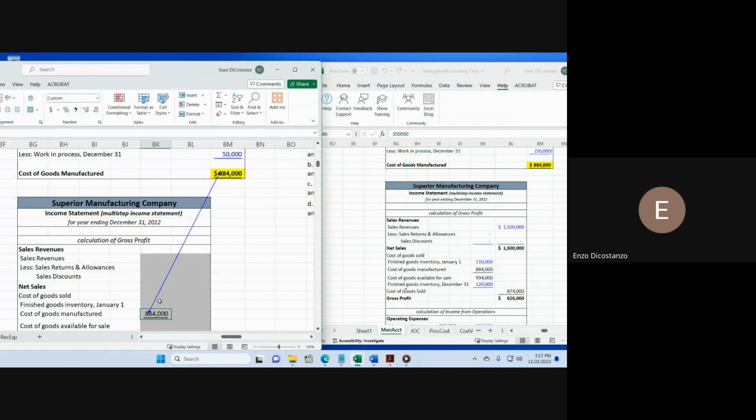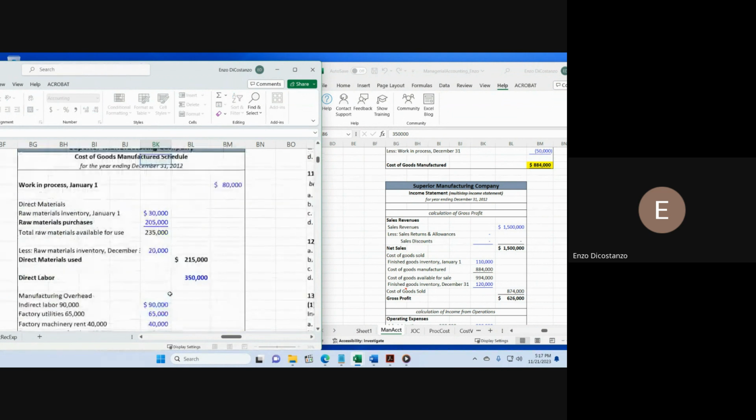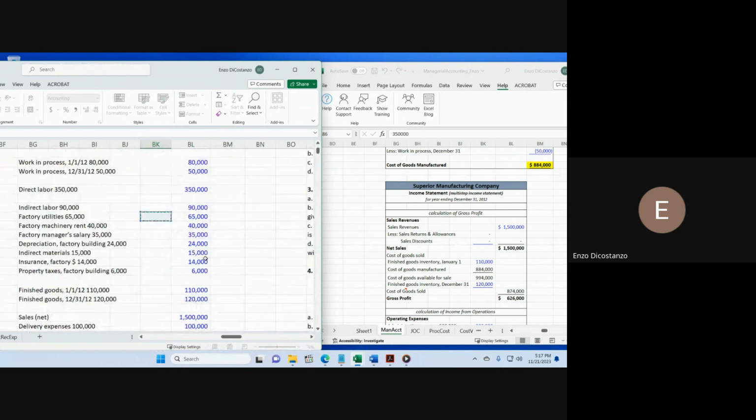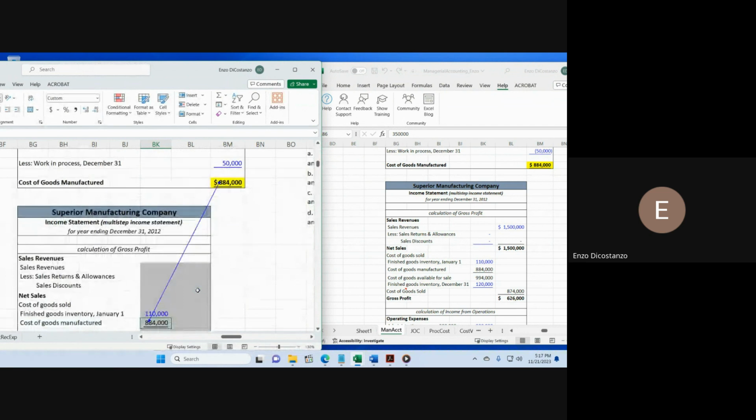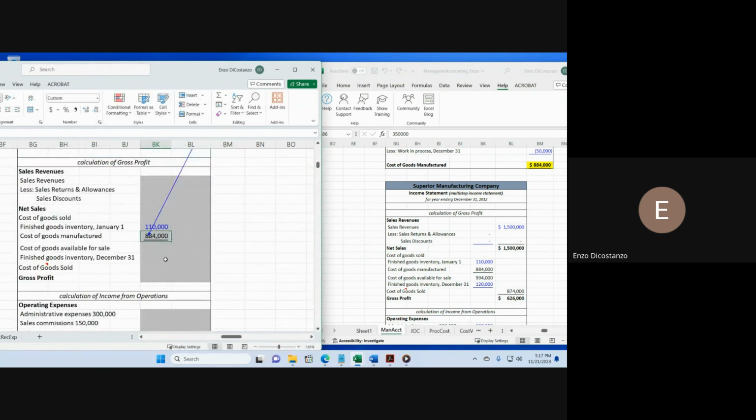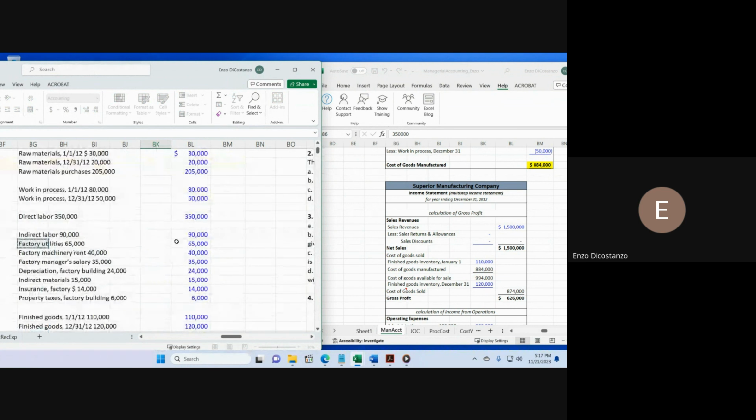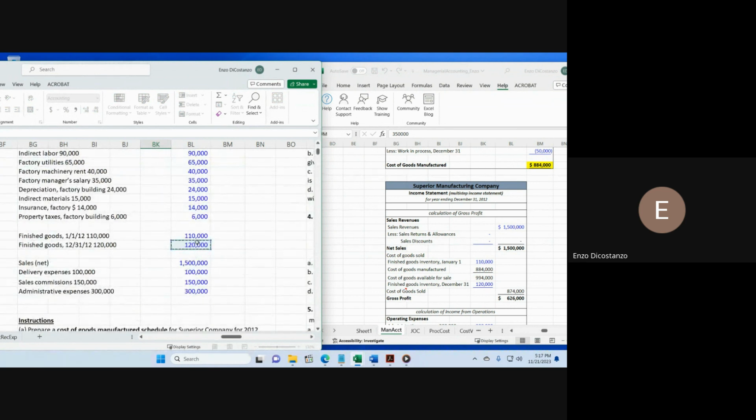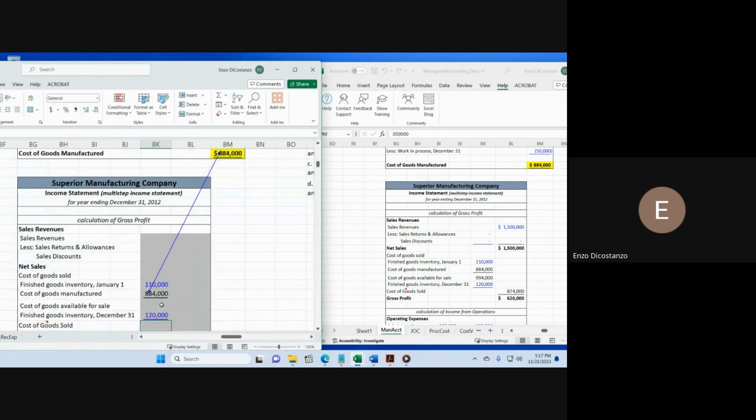Okay. And then finished goods, your initial finished goods, and you can find that up here. That's that 110. There's your 110, which is right there. This is the 120. Finished goods at the bottom. And cost of goods available for sale, you just sum those two numbers.